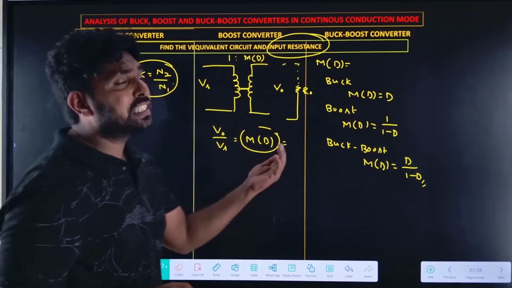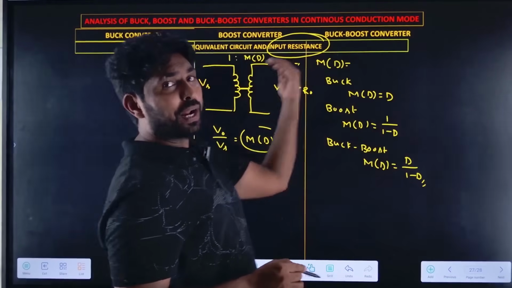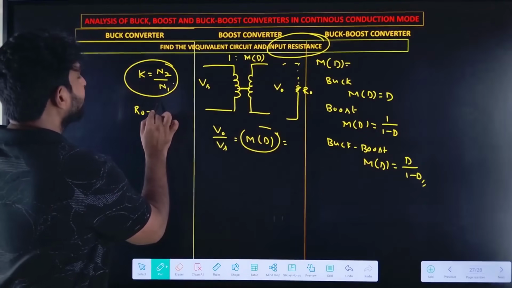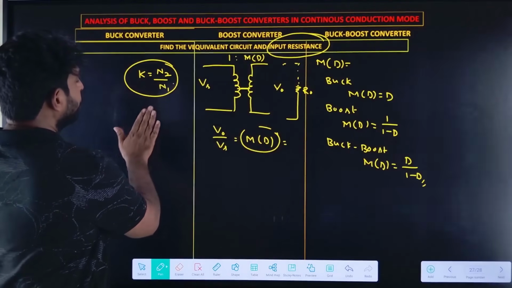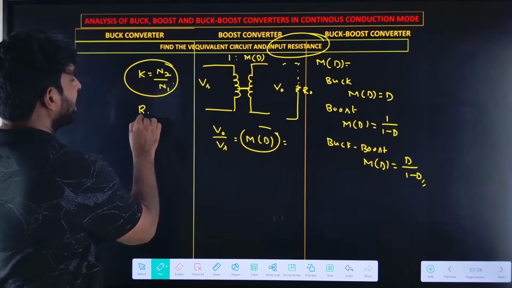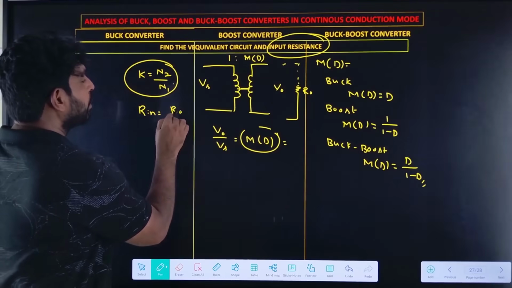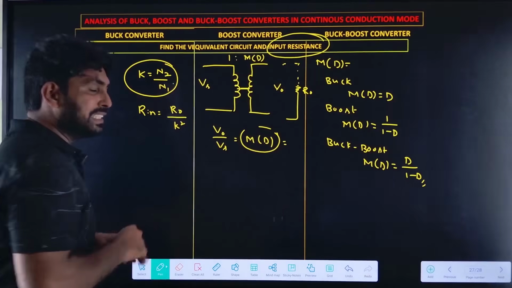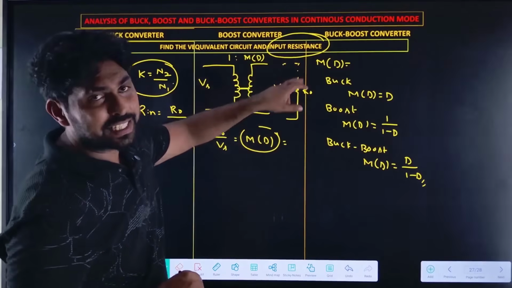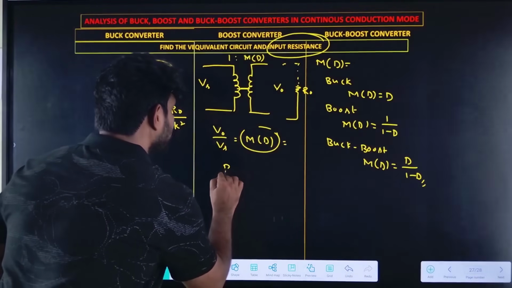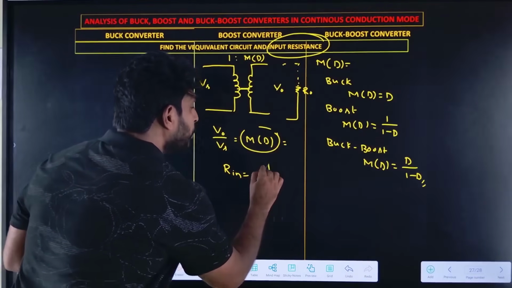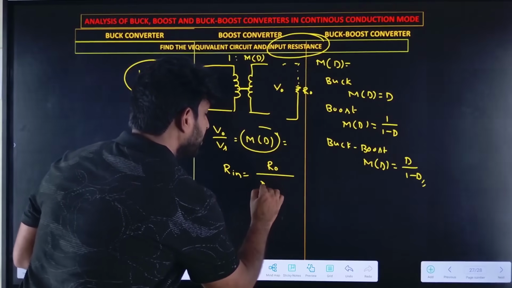If the value is shifted from the secondary to the primary, R input equals R naught divided by K square. In the similar manner, the input resistance can be defined as output resistance divided by M of D whole square.